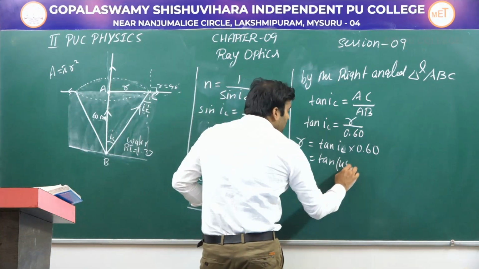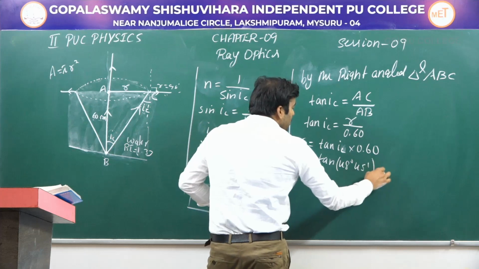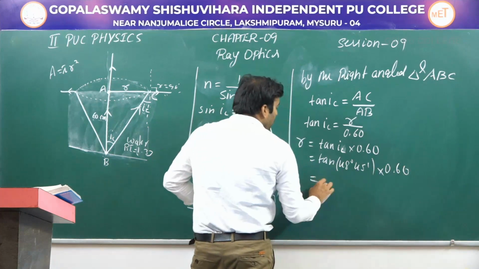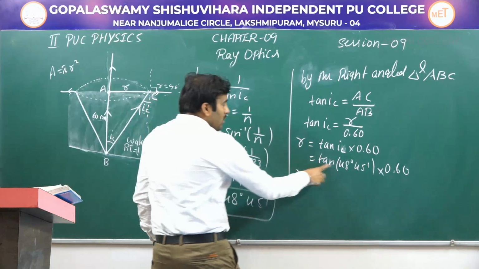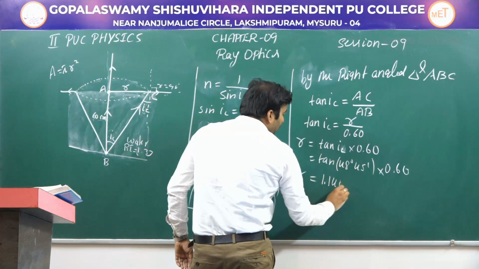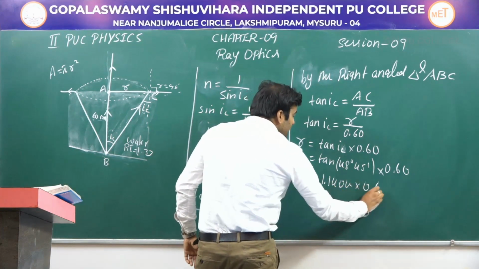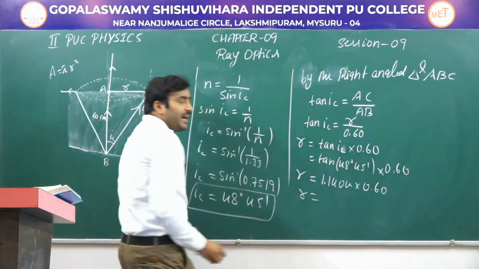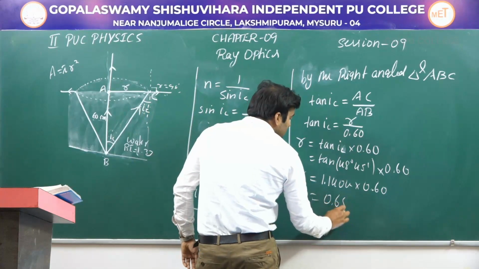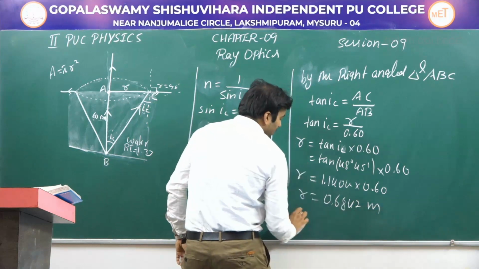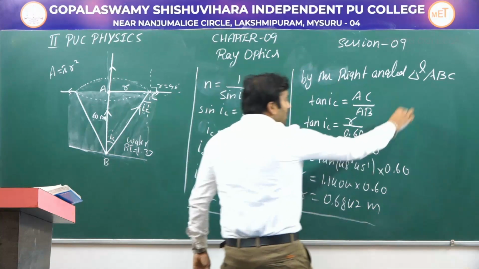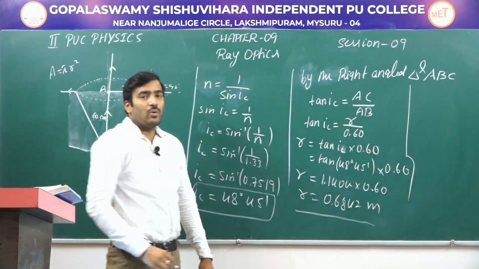You multiply this, what you will get is 1.1404 into 0.60, and finally we obtain the value of R as 0.6842 meter.